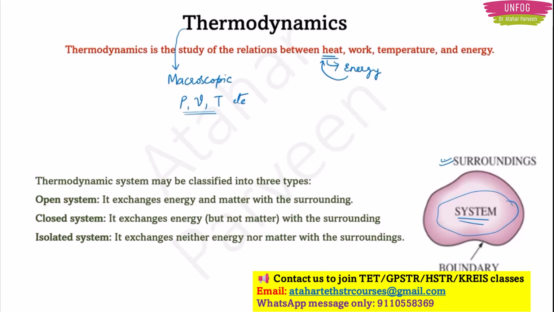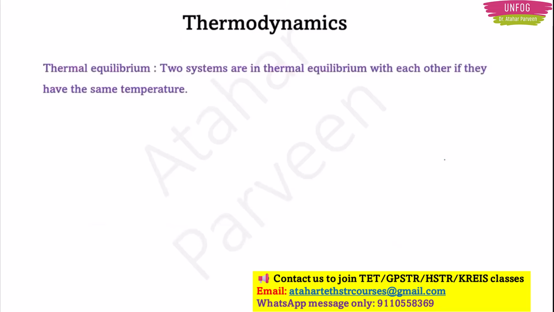We talked about thermodynamics and about the thermodynamic system. There should also be a certain equilibrium, right? That equilibrium is thermal equilibrium. Now what is thermal equilibrium? A thermodynamic system is said to be in thermal equilibrium when the macroscopic variables, which we told, right, pressure, volume, temperature, etc. In that etc. you can have mass and composition also. So a thermodynamic system is said to be in thermal equilibrium when these macroscopic variables do not change with time.